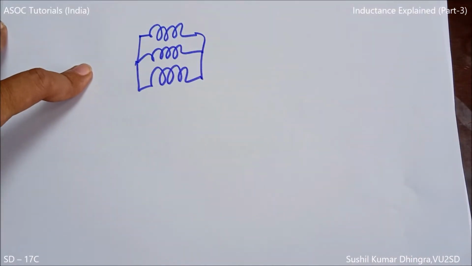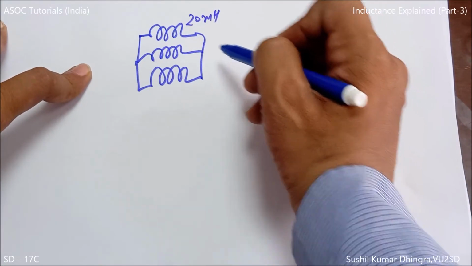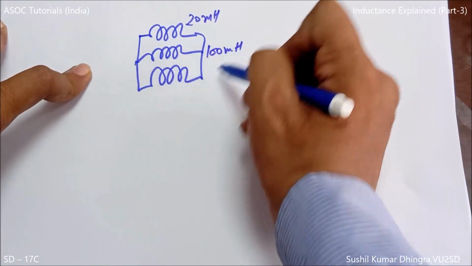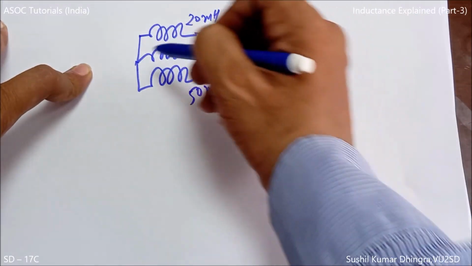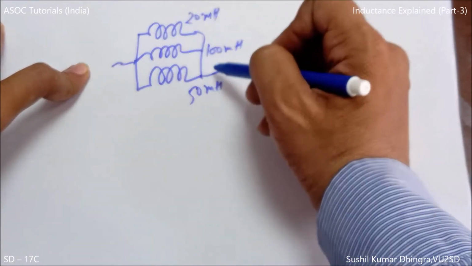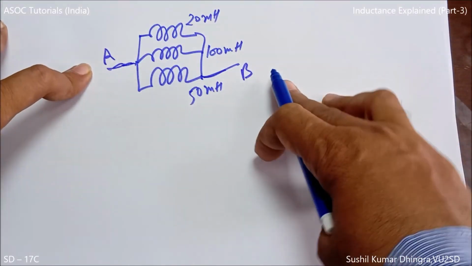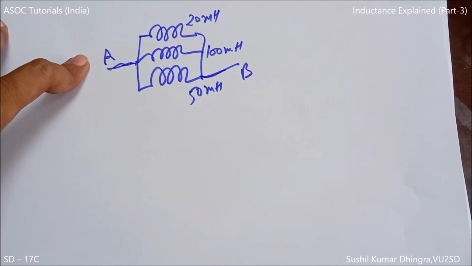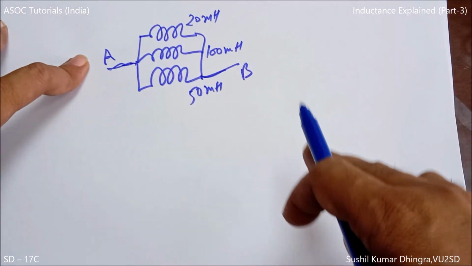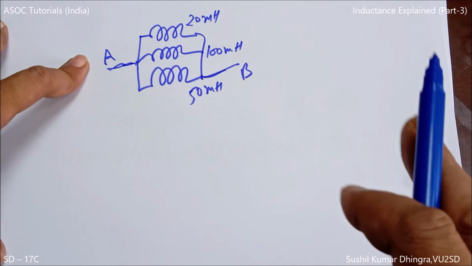The values are: first, 20 millihenry; second, 100 millihenry; third, 50 millihenry. I am showing two lines here, terminals A, B. Now you have to calculate. I'm happy if you can do it yourself, but remember in this question they are magnetically isolated inductors, so I don't need the mutual inductance formula. I'm going simple.